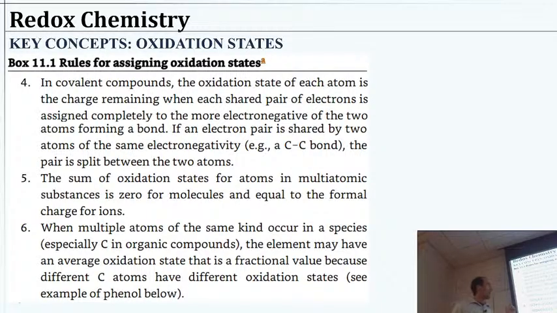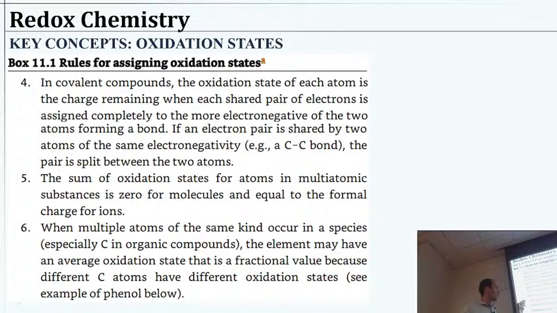Okay, if we have multiple atoms of the same kind occur in a species, which is pretty common in organic molecules, you could have tons of different carbons in different places with potentially different oxidation states based on what's around them. You could describe that as an average, or in some cases, maybe we would narrow down into one particular spot, but you could also give it a fractional value.